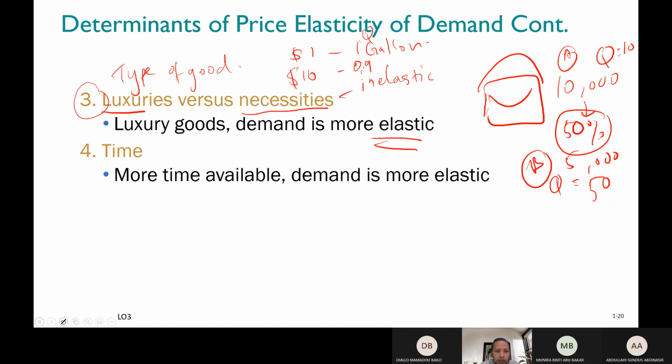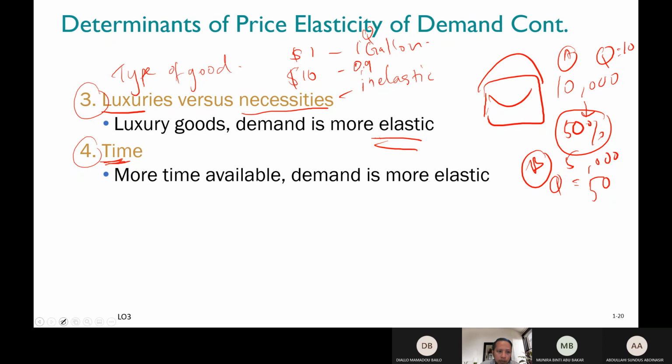And then the fourth factor is time. The more time that is available, the more elastic the demand is. The analogy used in the textbook is Christmas shopping.